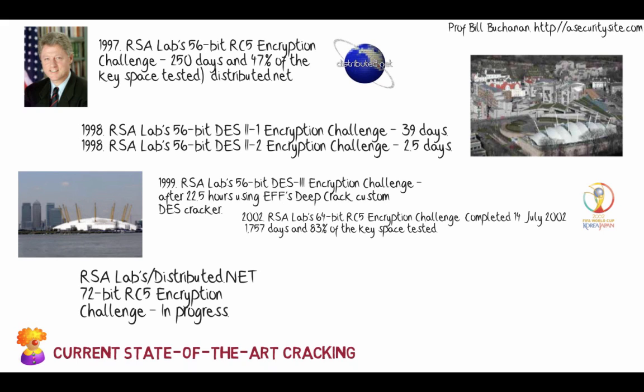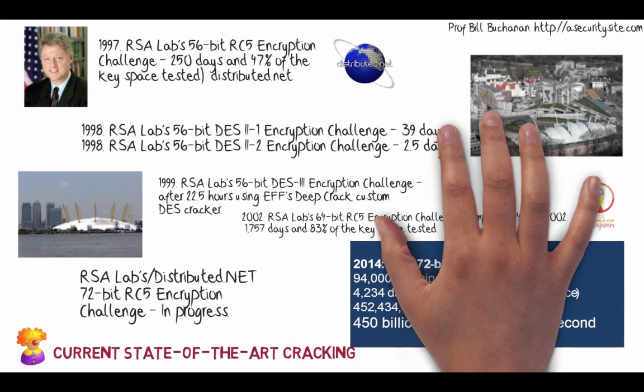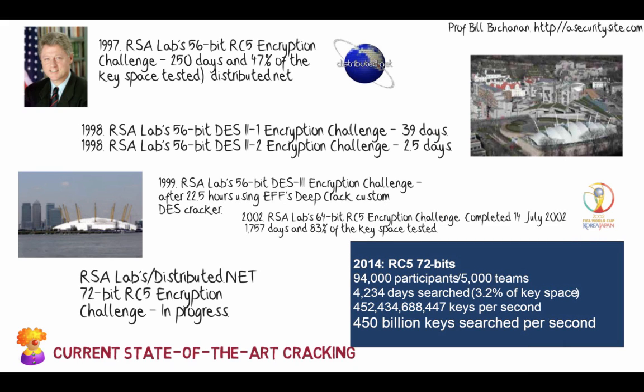So anything over 72 bits is fairly secure in terms of private key encryption. Where we are just now is that we have about 94,000 participants taking part in the challenge, 5,000 teams, and they've been searching for over 4,000 days, and they've searched 3% of the key space, at about 452 billion keys per second.